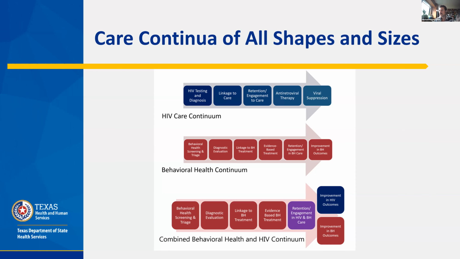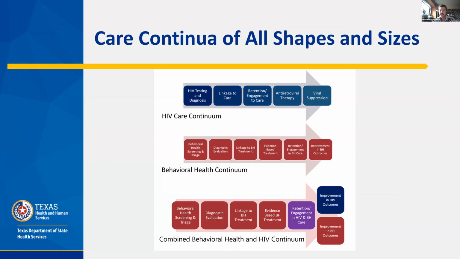Let's ignore HIV and just think about people in the behavioral health system, which can come from any self-report or self, kind of like interest, but is usually driven by some type of screening activity that a primary care provider is administering. So how do these two different care continua combine to come together?